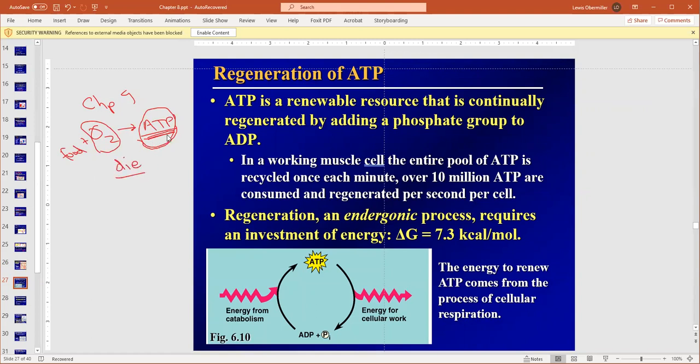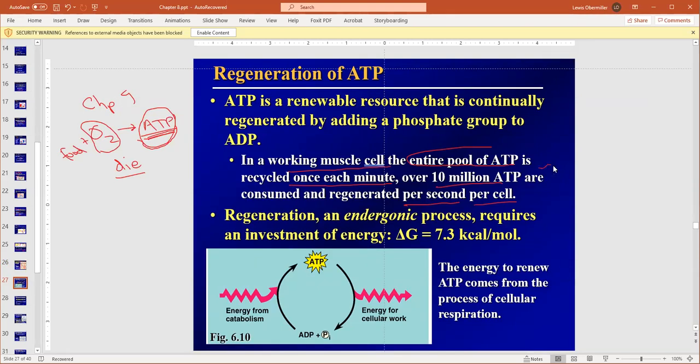So your body uses massive amounts of ATP throughout the day. In fact, if you were just to look at a single muscle cell, the entire amount of ATP in that muscle cell is depleted once every minute. So that's 10 million ATPs per second per cell for you to survive.